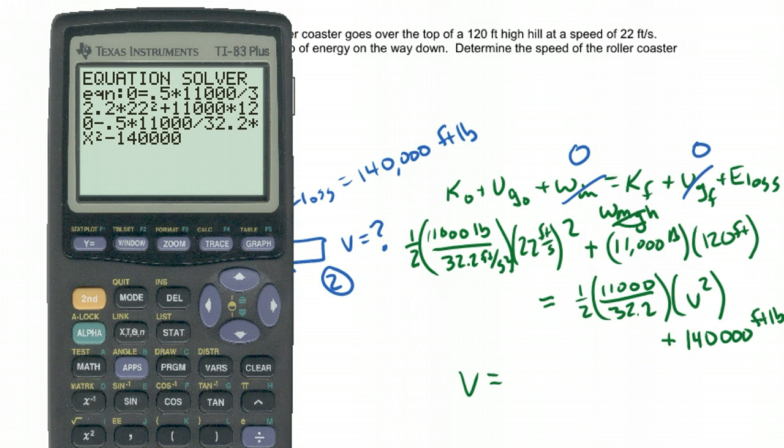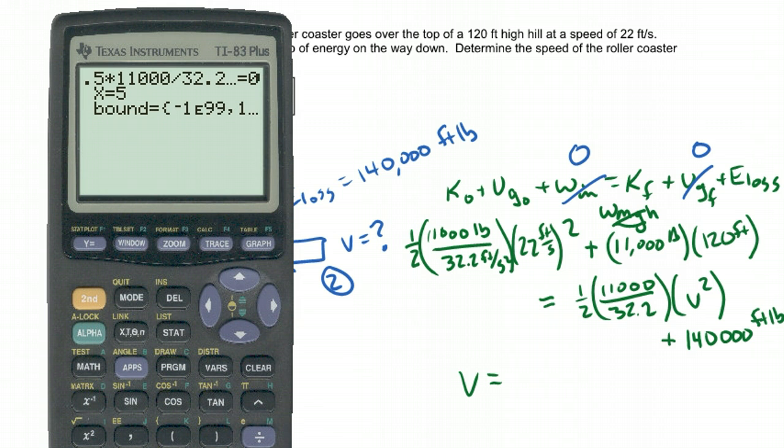Double checking my numbers: 1/2 mass velocity squared plus mg times h minus 1/2 mass unknown squared minus 140,000, and solve for that.